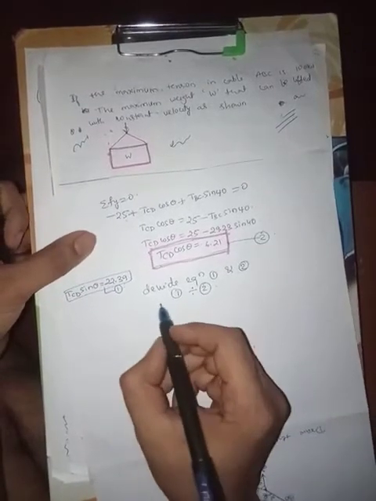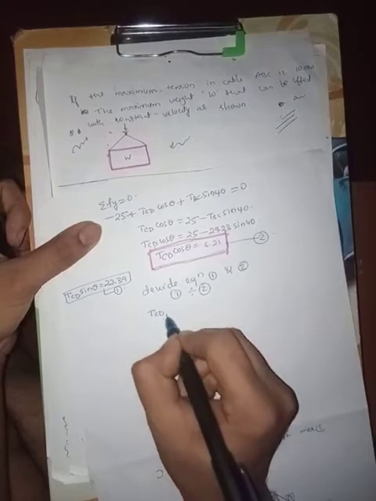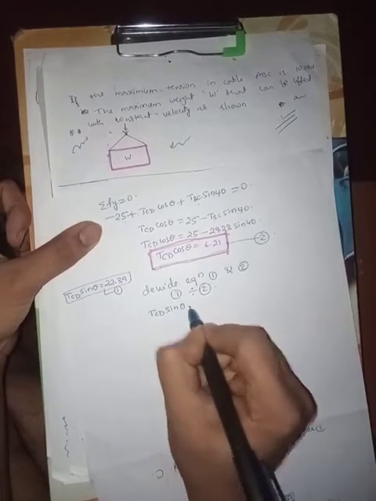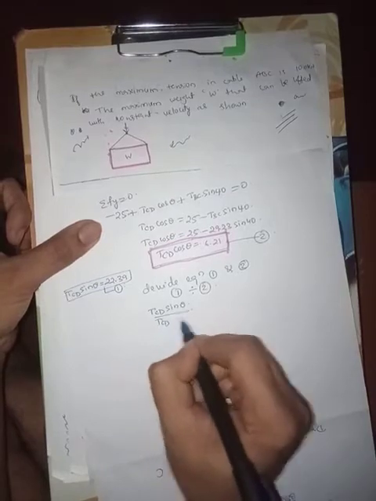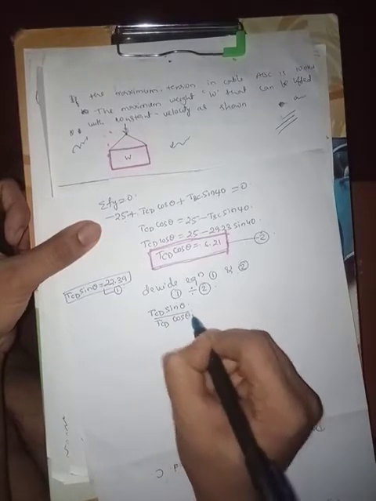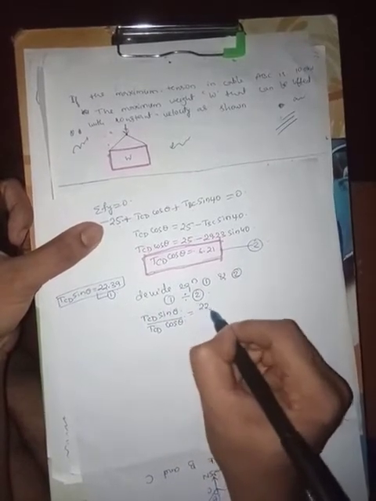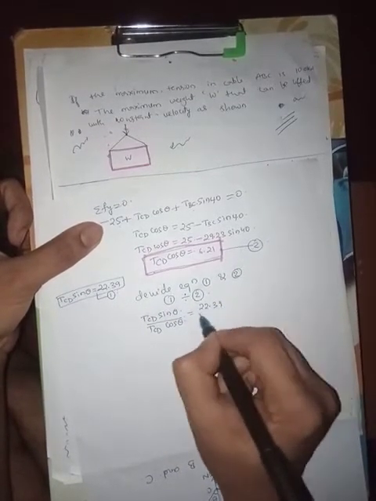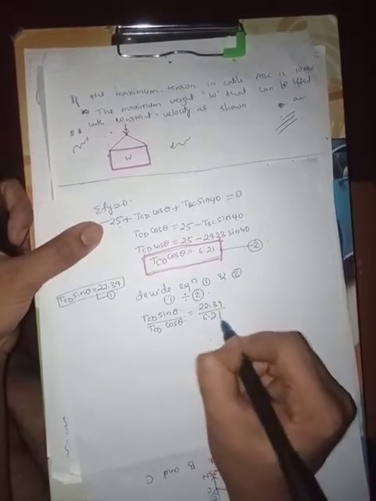On the left hand side it becomes TCD sin theta upon TCD cos theta, and on the right hand side it is 22.39 divided by 6.21.